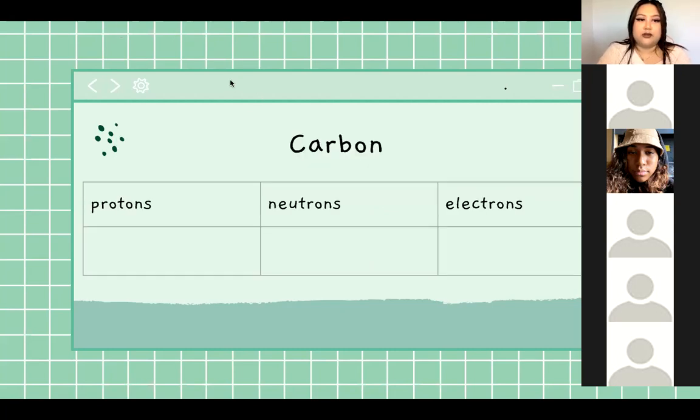for carbon, how many protons does carbon have? It might be useful for you all to grab your periodic tables. How many protons does carbon have?